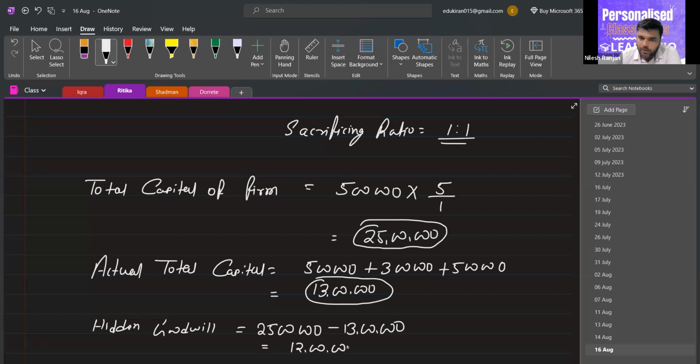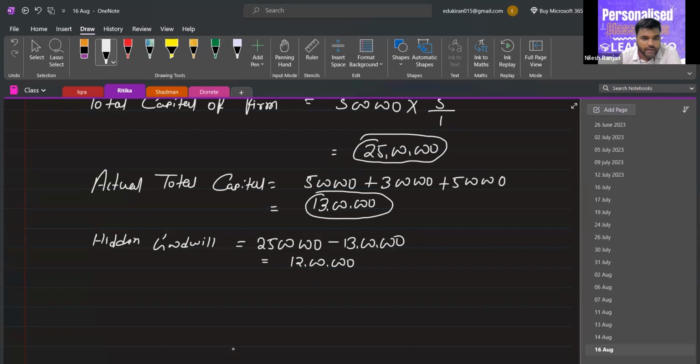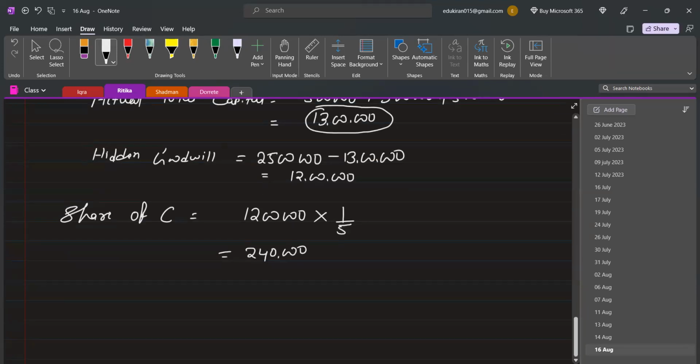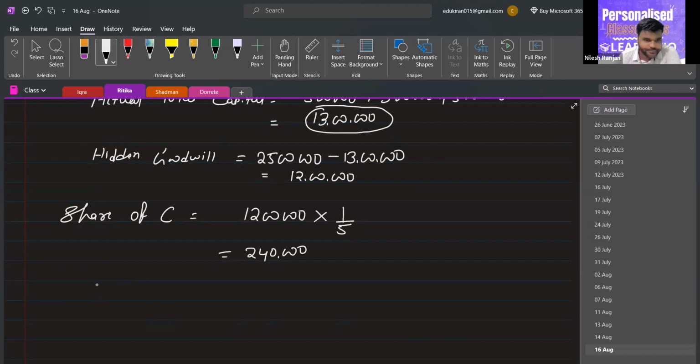Hidden goodwill of the firm is 12 lakh. Now in this 12 lakh, we have to calculate the share of the new partner, C. It will be 12 lakh into 1/5, which is 2,40,000.